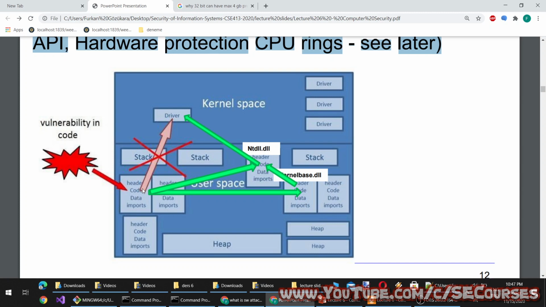How can this code access the kernel space? It can access the driver by Windows native APIs, which are, for example, ntdll.dll or kernelbase.dll. You see, this code in that case sends command to this API, and this API accesses the driver.